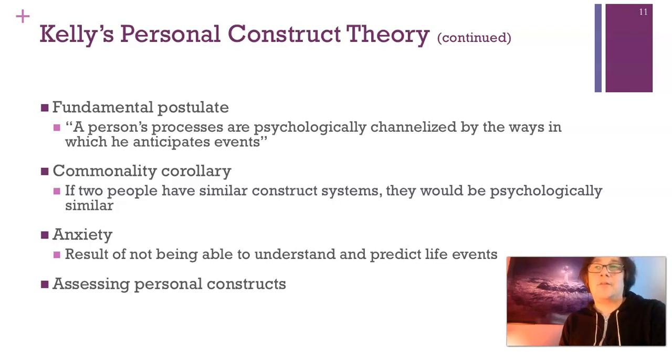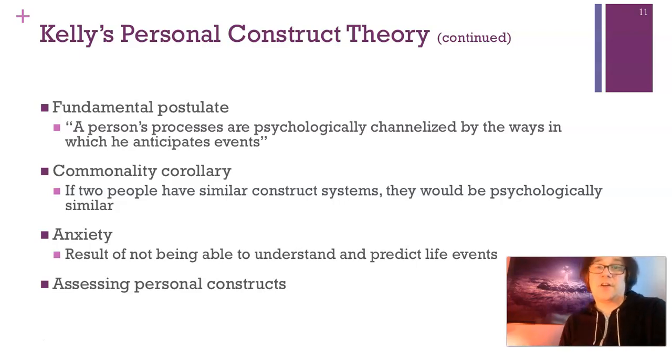So our personal constructs, our beliefs in the world, the way that we interpret the world, aren't making sense for our particular circumstances. What's going on in front of us right now? We can't make sense of it. So this leads to a state of anxiety, according to Kelly.